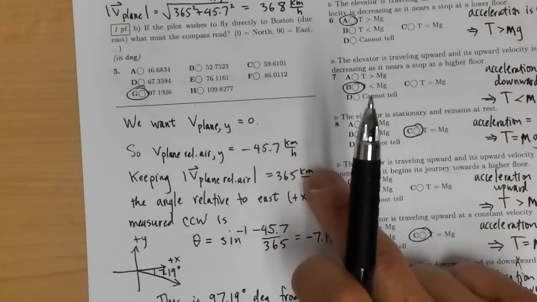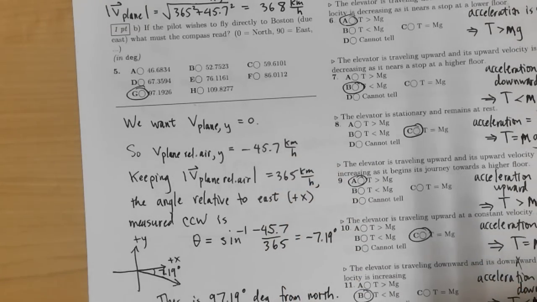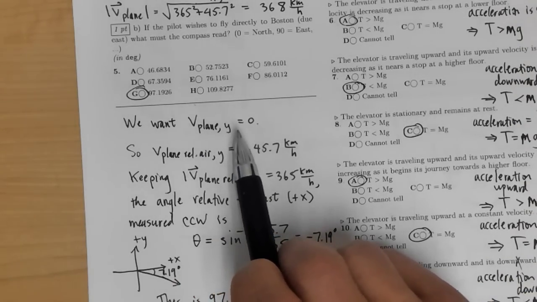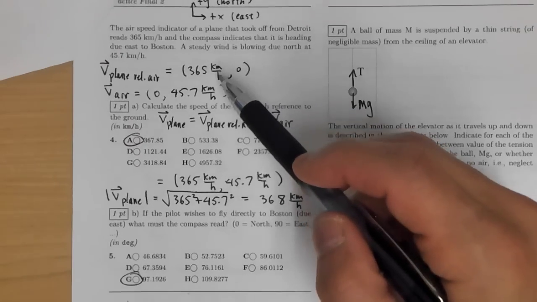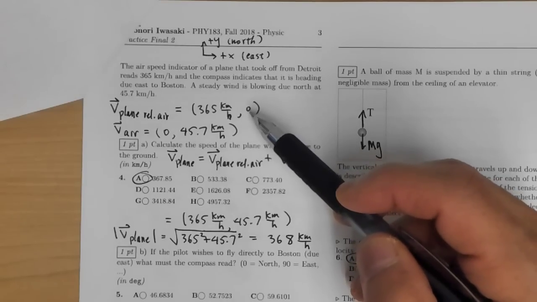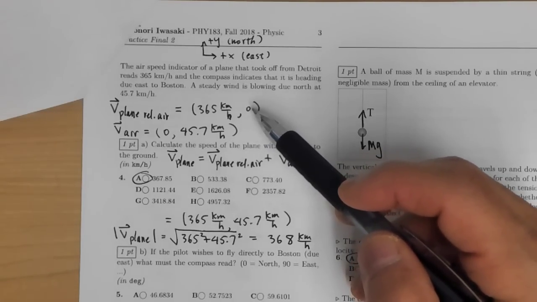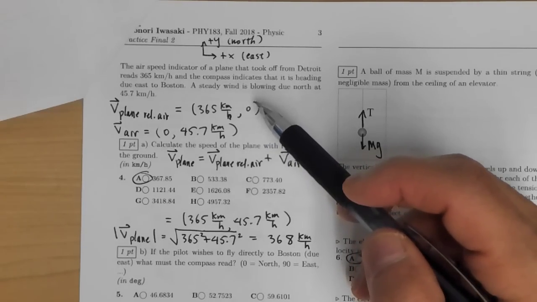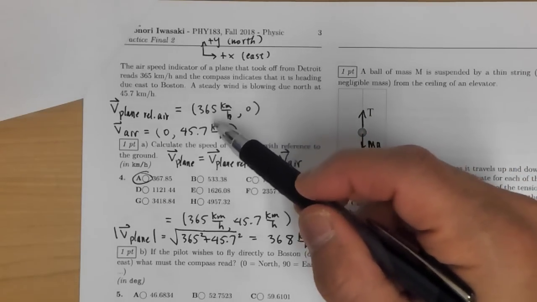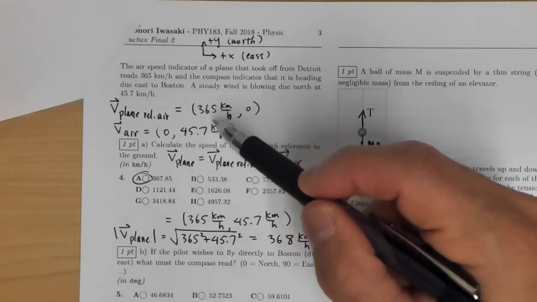It'll still be 365 kilometers per hour. But in order for the v plane y component to be 0, when we add these two together, we need this component here to cancel out this 45.7.